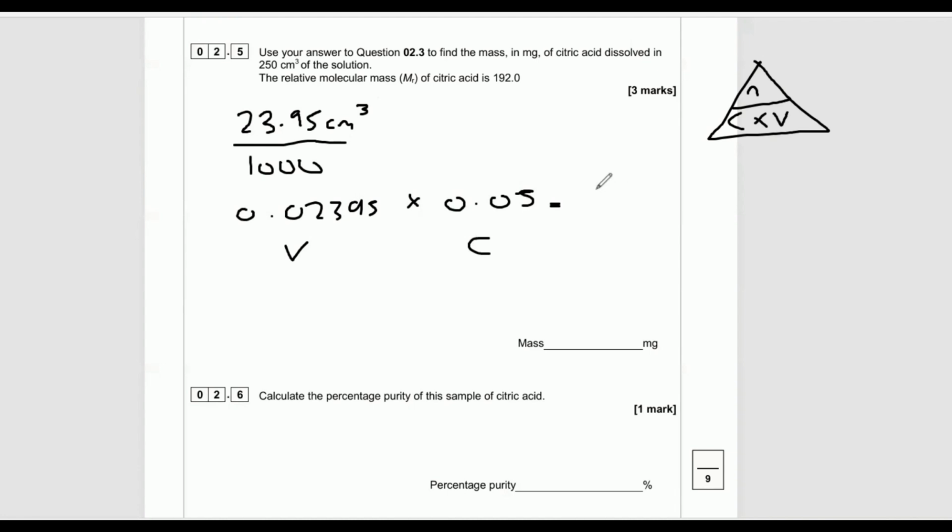My moles are going to end up being, oh my gosh, that is some ugly decimal, 1.1975 times 10 to the minus 3. So I'm going to have scored a mark there for my moles of sodium hydroxide. You're going to have picked up your first out of the 3 marks for working out the moles of sodium hydroxide.